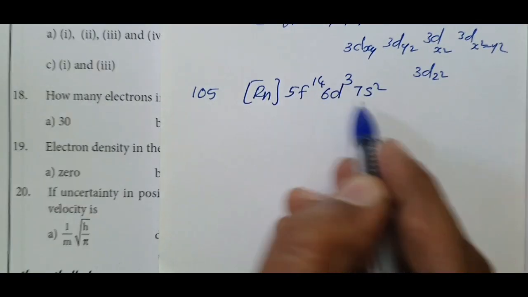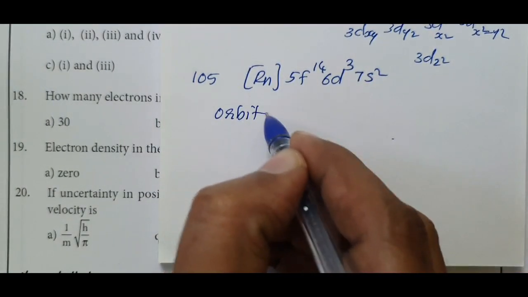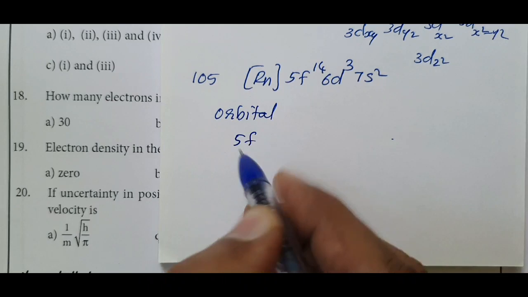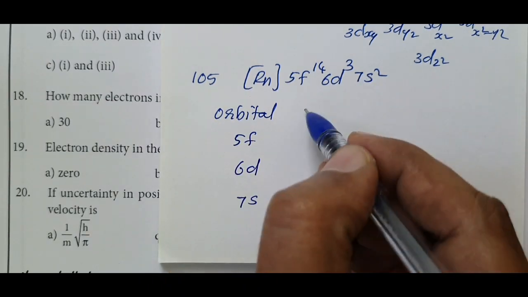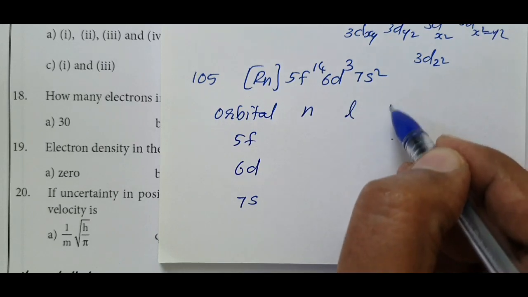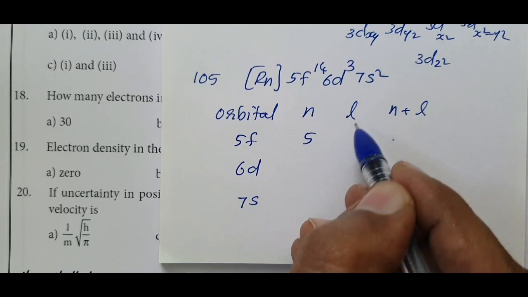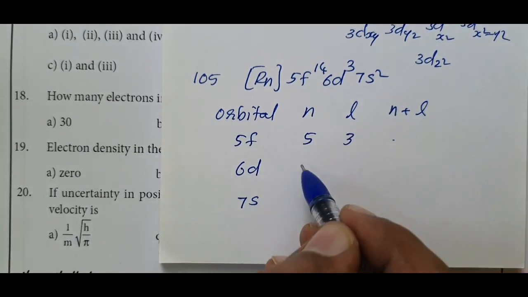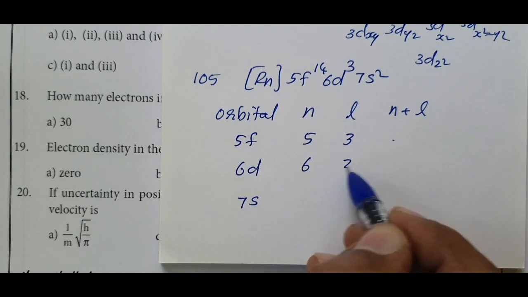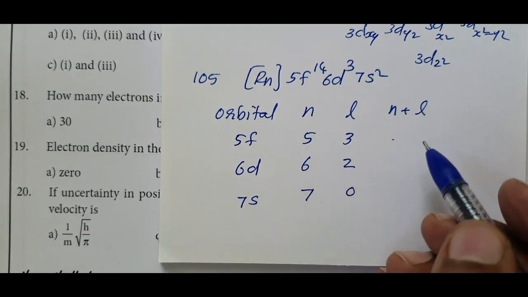We have 3 orbitals: 5f orbital, 6d orbital and 7s orbital. N value, L value, n plus L value. First I write n value 5 for f orbital, L equal to 3. N value 6, d orbital, L value equal to 2. N value 7, L value 0, s orbital.